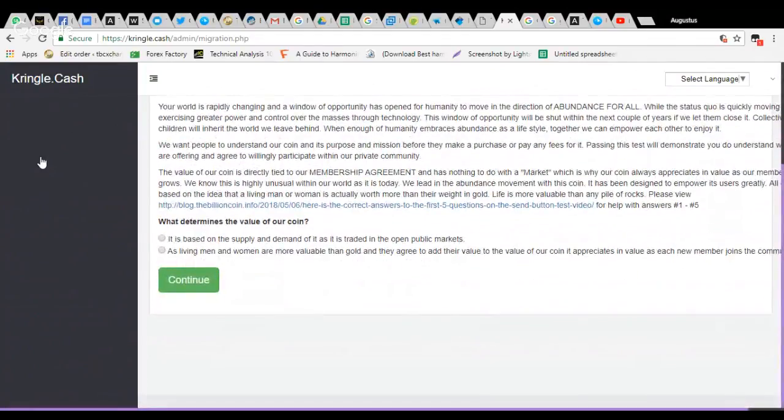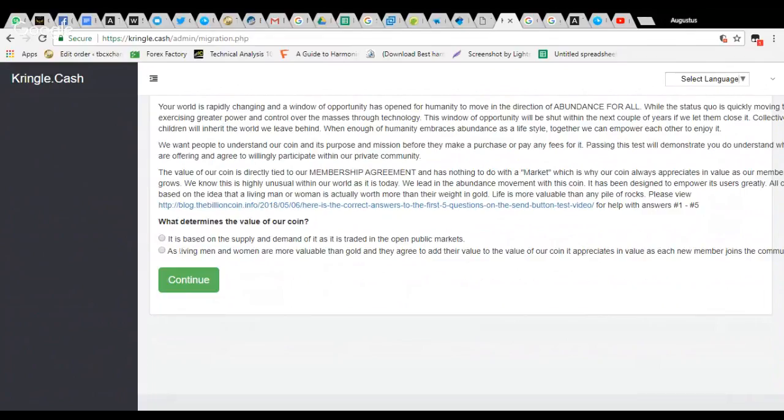So the first question is, what determines the value of the coin? The value, as we read earlier, is not traded based on demand and supply. It appreciates based on the number of people registering into the Billion Coin community.